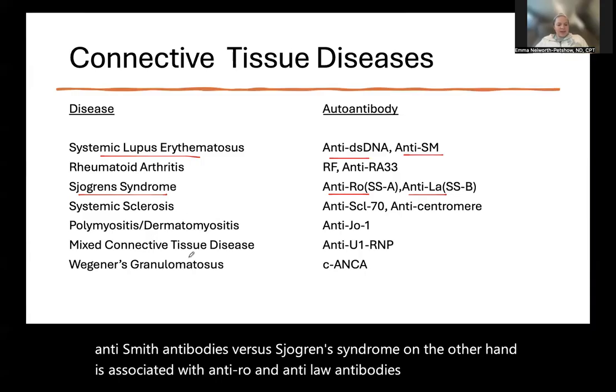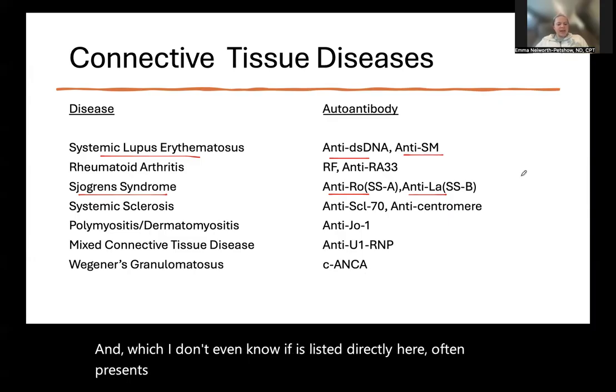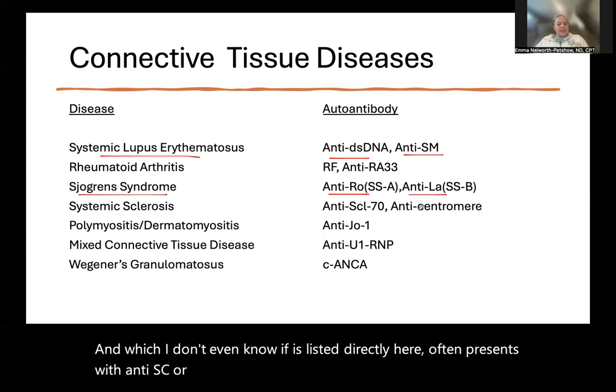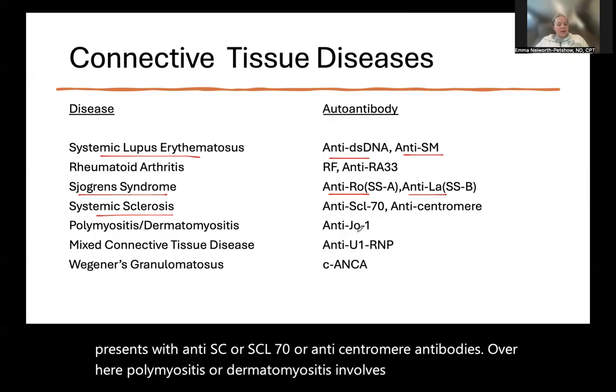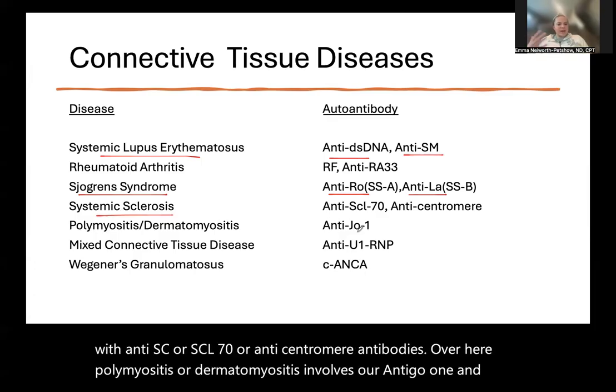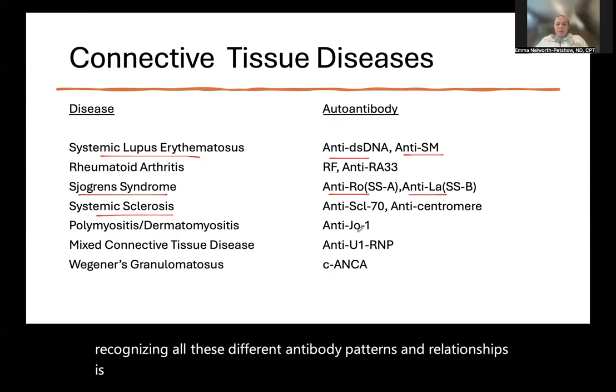Scleroderma, on the other hand, which I don't even know is listed directly here, often presents with anti-Scl-70 or anti-centromere antibodies over here. Polymyositis or dermatomyositis involves anti-Jo-1, and recognizing all these different antibody patterns and relationships is essential for interpreting these large serology lab tests.